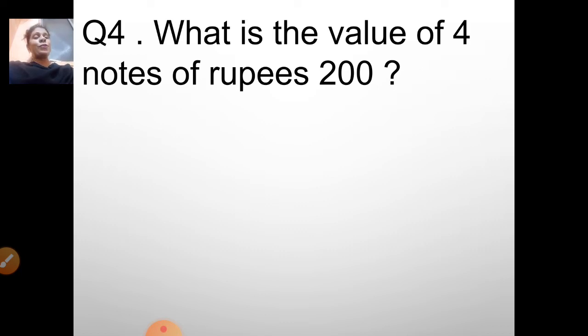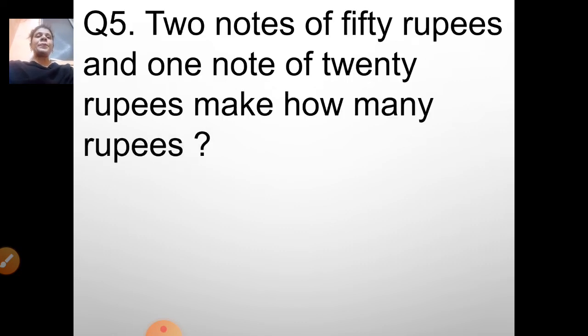And 4 notes of rupees 200 will be rupees 800. Correct. If we add 2 plus 2 plus 2 plus 2, that is 2 4s are 8. So the value will be rupees 800.